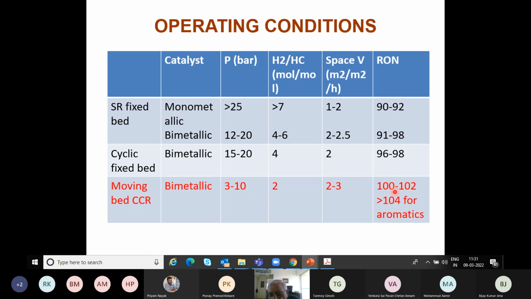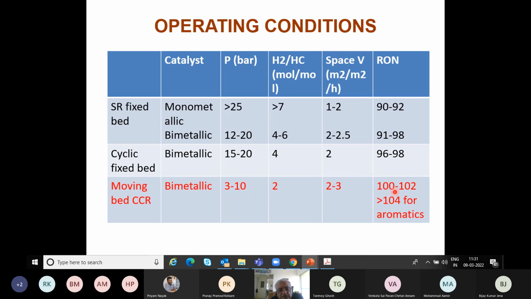Of course, there's another thing which I would like to talk about in terms of the differences between the SR type of reformer and CCR type of reformer. So there are several differences between SR reformer and CCR reformer. One difference, of course, is that in a SR reformer, the catalyst bed is fixed, while in CCR reformer, it is a moving bed.